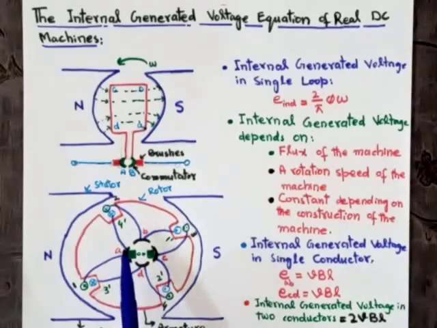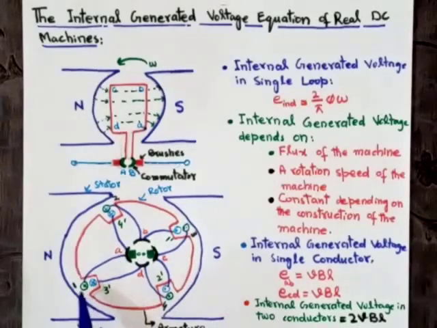This winding is a double layer winding. Double layer means in each slot there are two conductors. As you can see in this figure, this is slot number 1. Here one end of loop number 1 is connected and one end of loop number 3 is connected. If in a single slot the number of conductors is 2, then the winding is called a double layer winding.